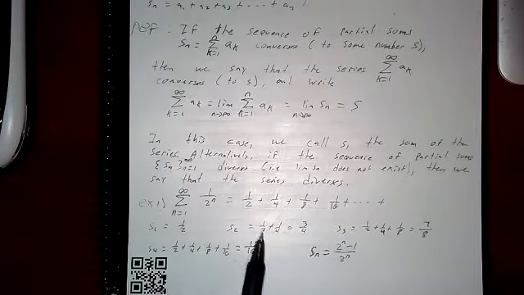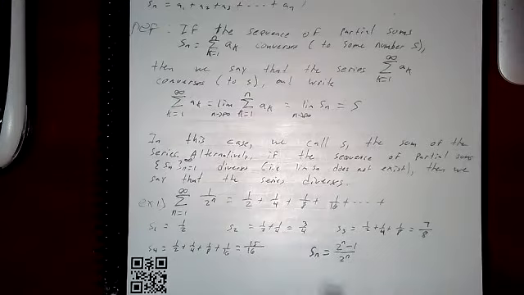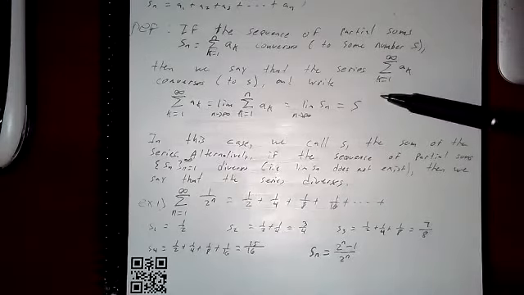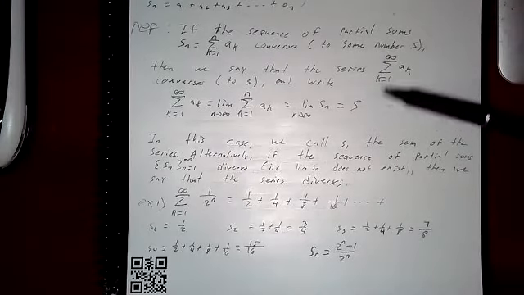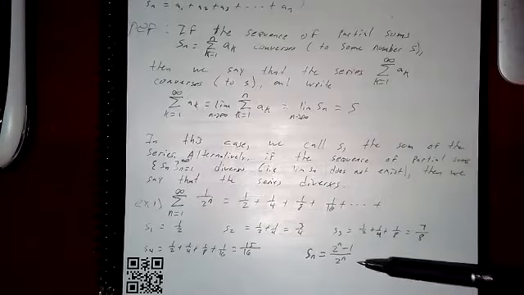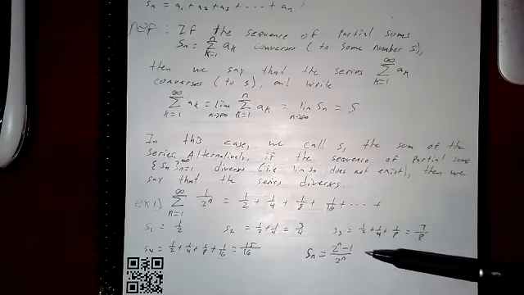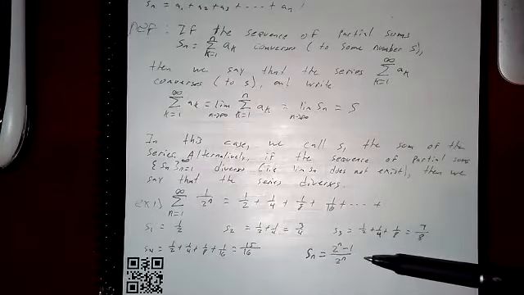So this is the first 4 sums. This is the nth sum. You see what I'm saying? So now we can use this formula up here, or this definition rather, and find out what is this limit? Does it converge?